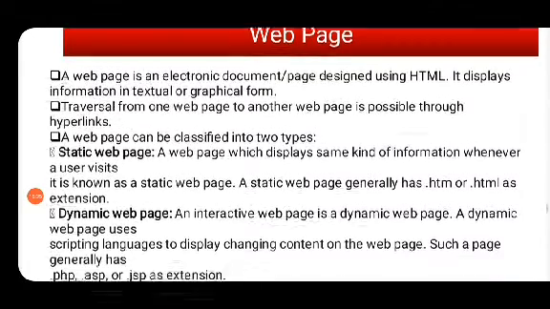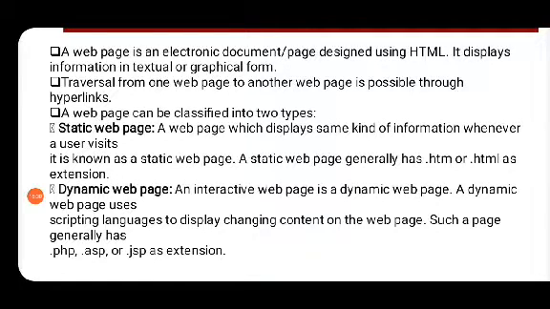A static web page displays the same kind of information whenever a user visits, and that is why it is known as a static web page. It generally has .html extensions.